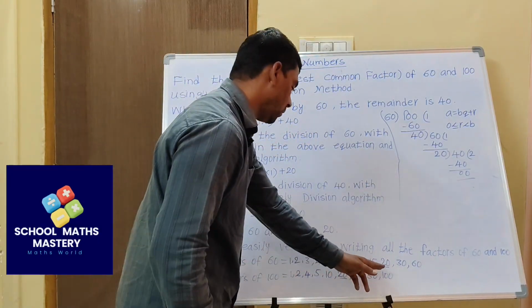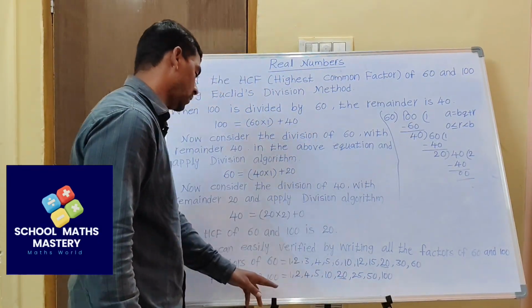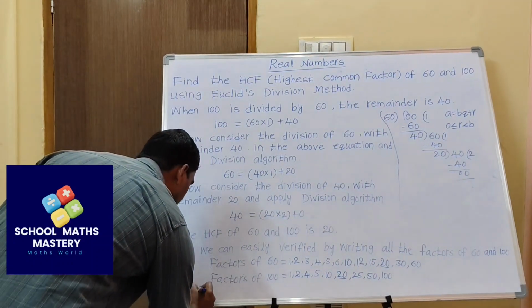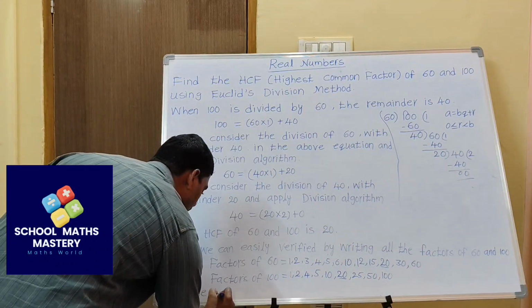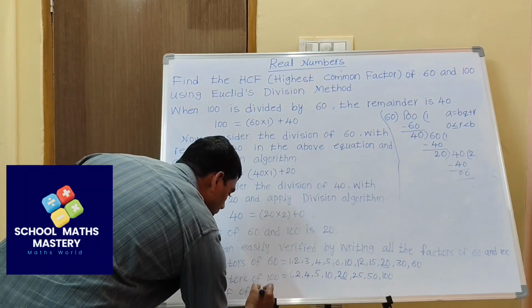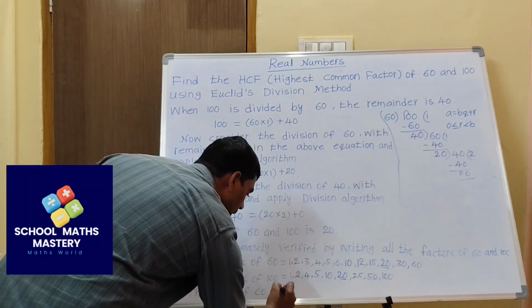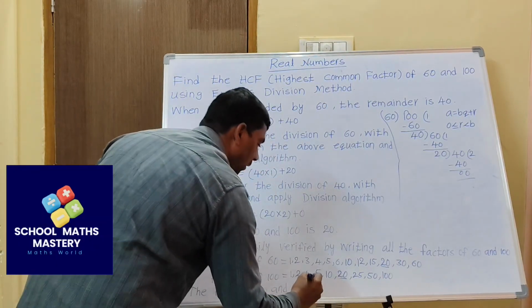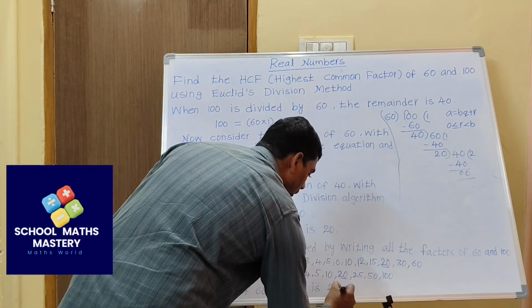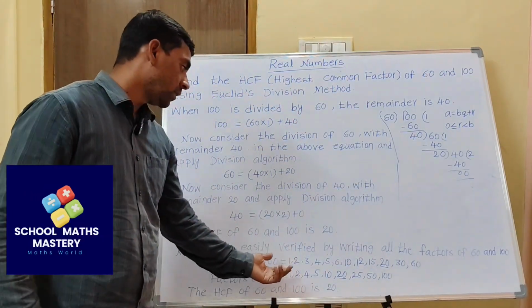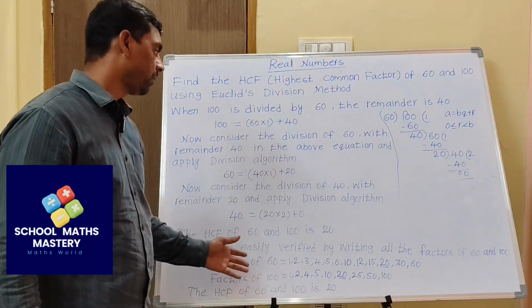The HCF of 60 and 100 is 20. Now verified by all the factors of 60 and 100.